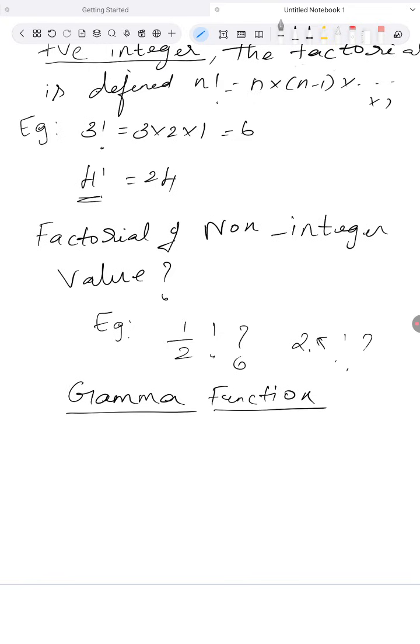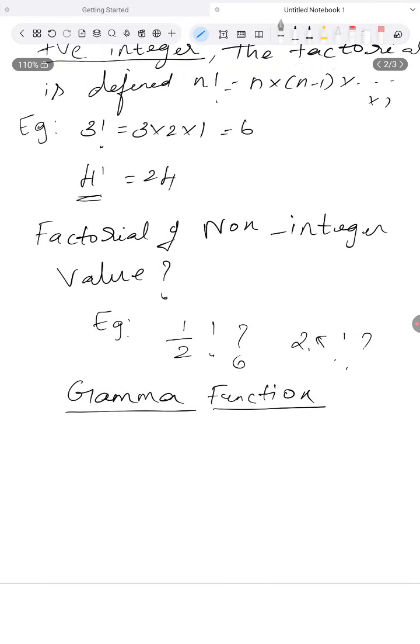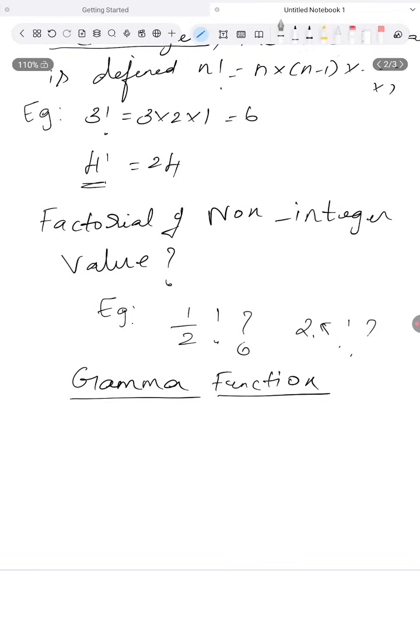One of the most important two functions that we will be studying in mathematics is the beta and gamma function. We can say, in other terms, the gamma function is an extension of the factorial function to real and complex numbers.